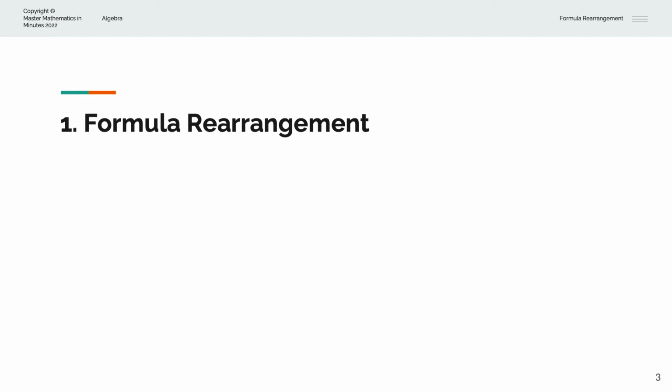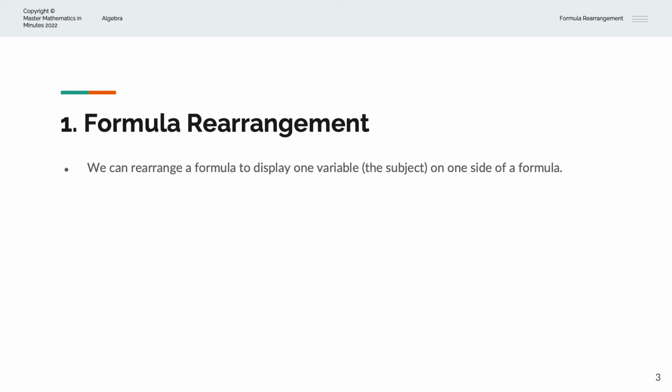So, what is a formula rearrangement? We can rearrange a formula to display one variable, which we'll call the subject, on one side of a formula. Consider the following example, with x plus y is equals to 2, and the intention is to make y the subject.